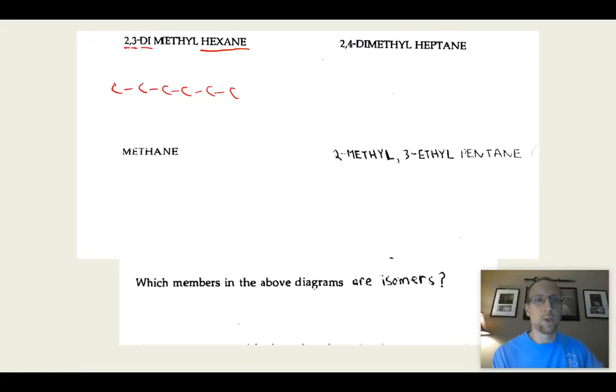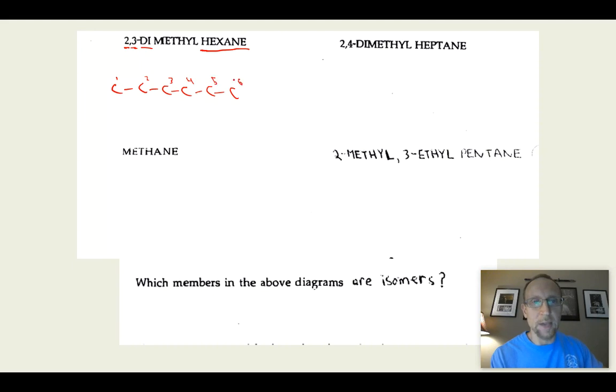So whichever side you start counting from, you have to be consistent with your numbering. If I start counting here, then 1, 2, 3, 4, 5, 6. This is my 2 carbon. This is my 3 carbon, right? I can't do 1, 2, and then 1, 2, 3. Wherever you start counting, once you've numbered these carbons, so even if you want to write in numbers for them, those numbers are set.